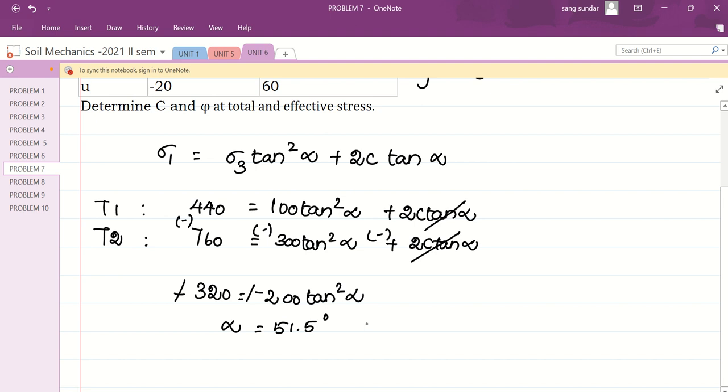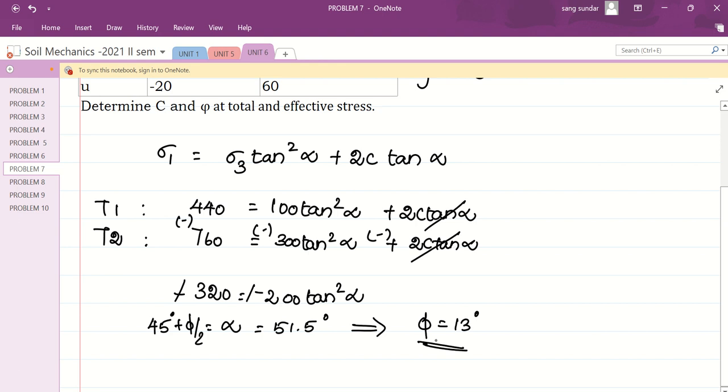If alpha is 51.5 degrees, this implies our phi is equal to, just substitute for alpha, 45 degree plus phi by 2, our failure plane inclination. So phi is equal to 13 degrees.